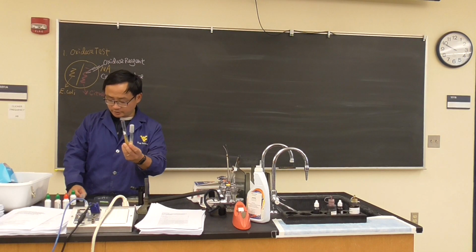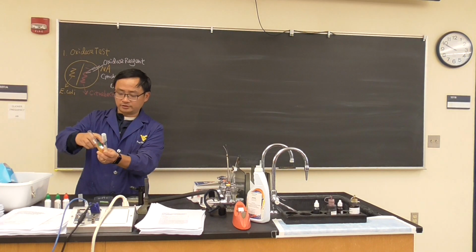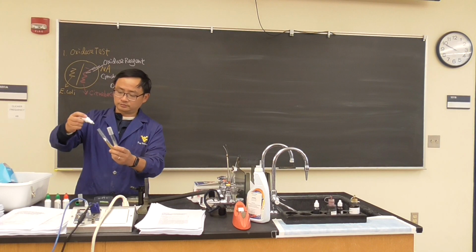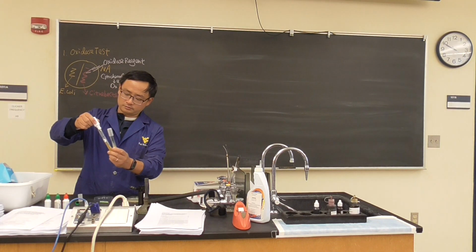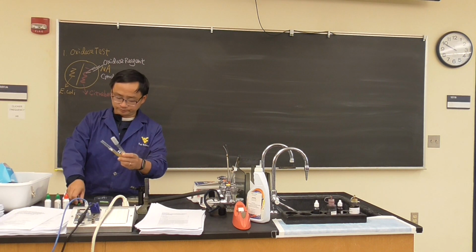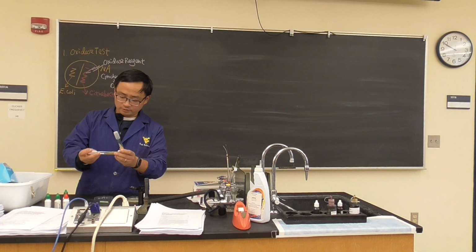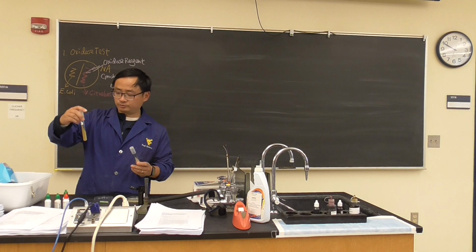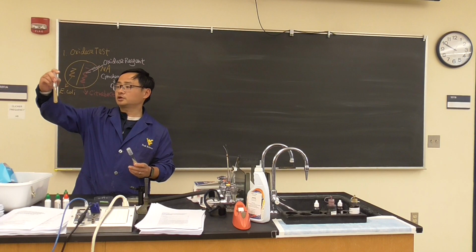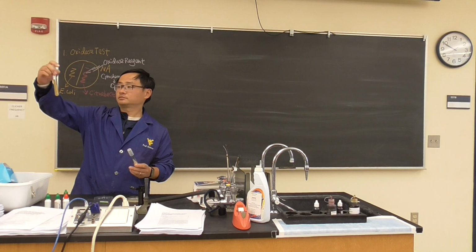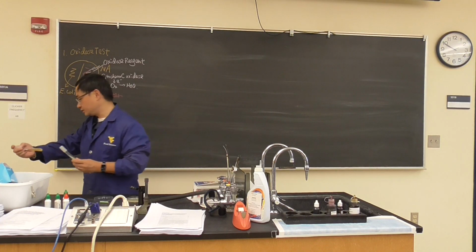I'm directly going to add something there for the oxidase test. Let's see if it is oxidase positive or not. Citrobacter ideally should be oxidase positive, but I didn't see it. Okay, maybe very light.